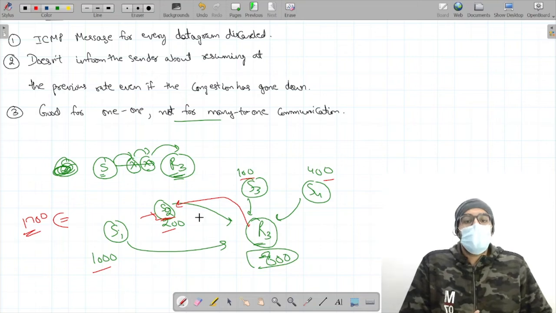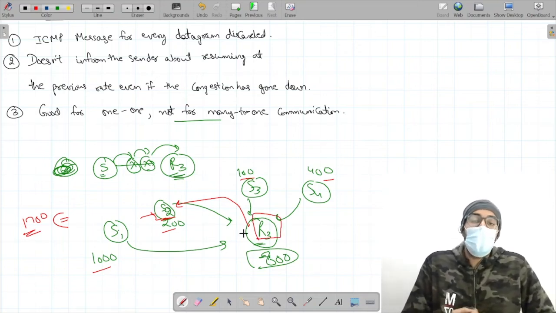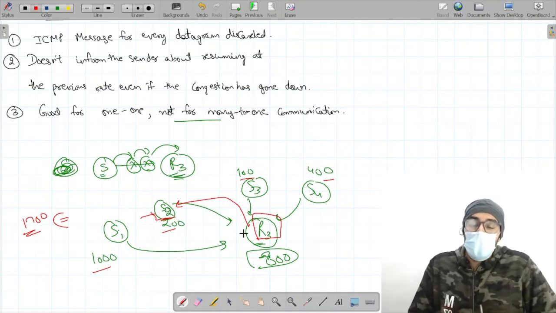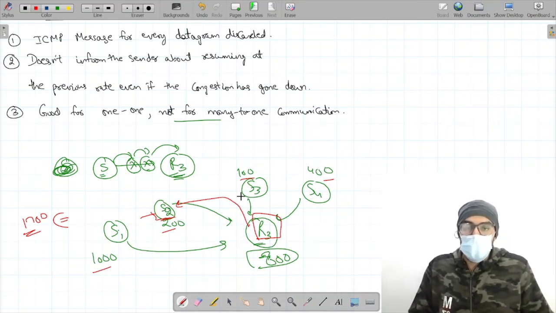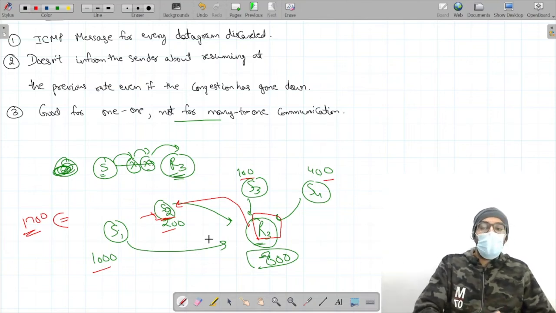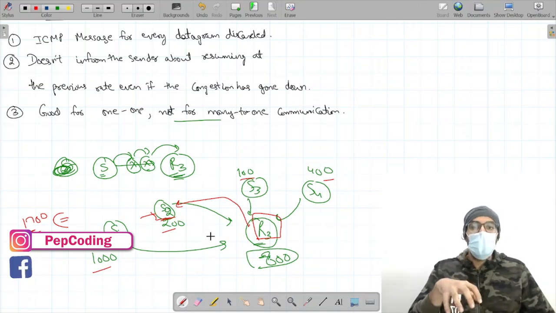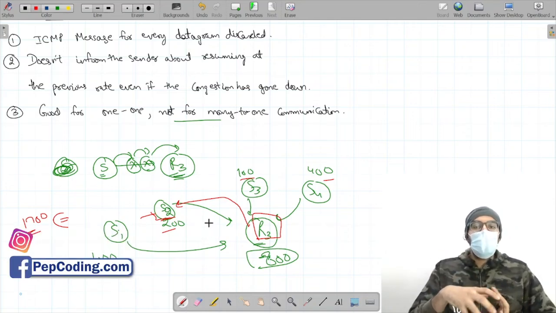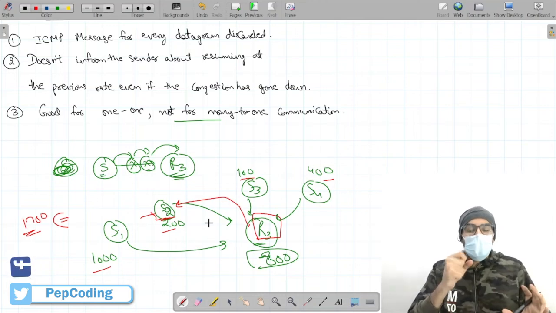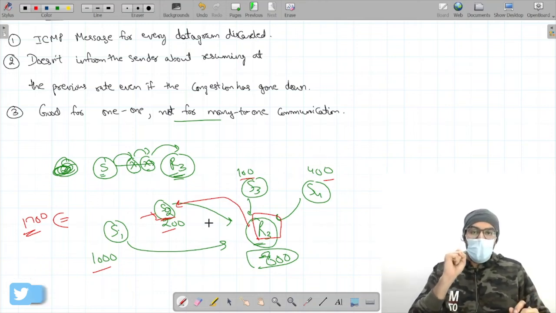So router R3 cannot decide to which particular sender it should send the ICMP message if it is a many-to-one communication, so that it matches its capability. This is the shortcoming of the ICMP message of type source quench.